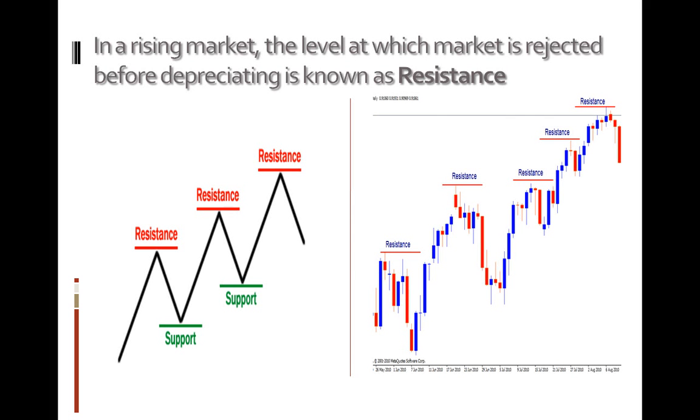So in a rising market, once price gets to a price level at which the up move is rejected and price changes direction and starts moving down, that level is known as resistance. And look at the chart we have here. We can see resistance as price is moving up, creating resistance, coming down, creating resistance as it moves further up.